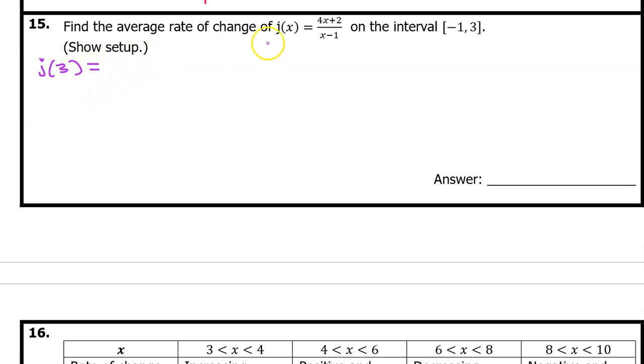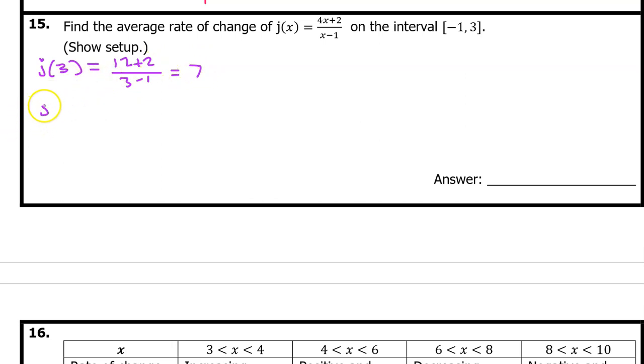So j at 3. Plugging in a 3 right here, that's 4 times 3, that's 12. Maybe I'll show a tiny bit of work. So that's going to be 12 plus 2 over 3 minus 1. That's 14 divided by 2, which is 7. So that's j at 3.